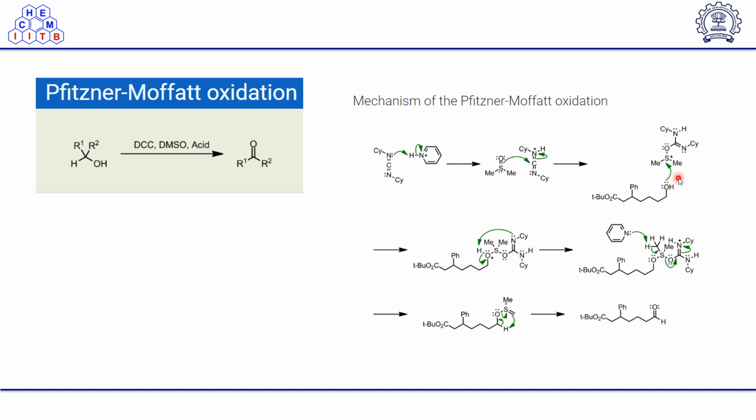Then this oxygen lone pair will coordinate with the sulfur of this DMSO, and again this pyridine will take up one of the hydrogens from this methyl group present on sulfur, and then again this nitrogen will take the hydrogen from the oxygen out here, and then we will get the corresponding aldehyde product after the elimination of this DMS. So this is the mechanism of this Pfitzner-Moffatt oxidation.